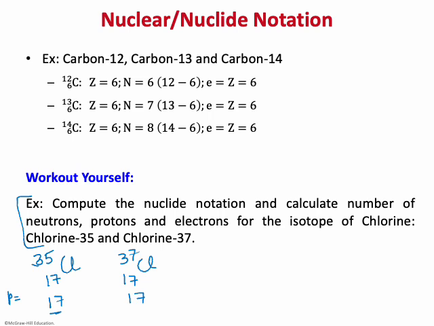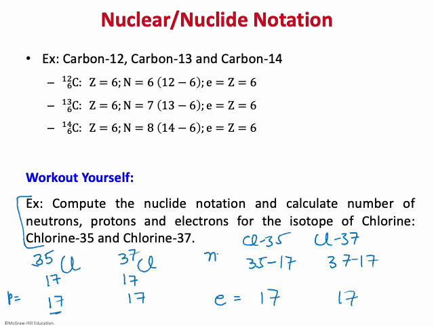I'll just write it here. When it comes to neutrons, this is chlorine 35, chlorine 37. Neutrons will be 35 minus 17, 37 minus 17. Electrons, in this case, all 17 and 17 because it has no charge.